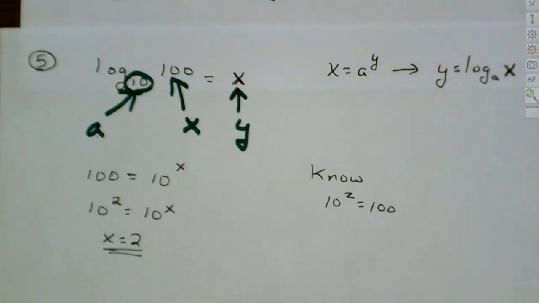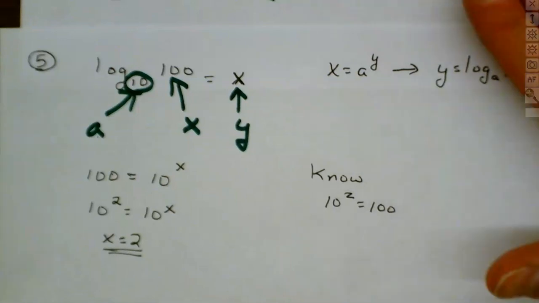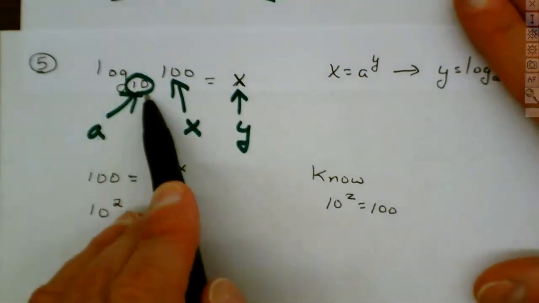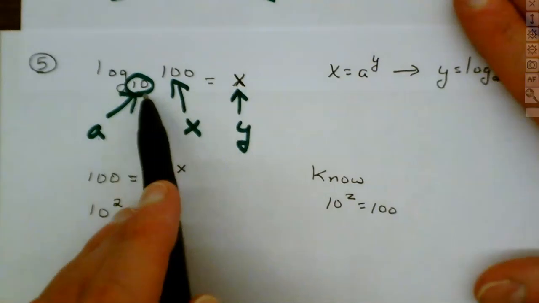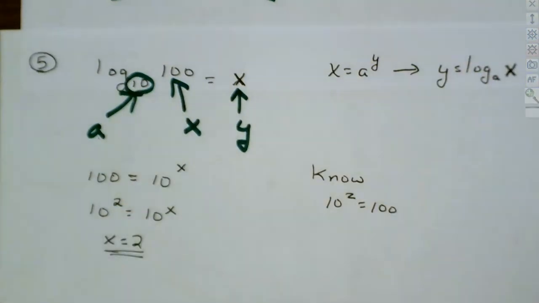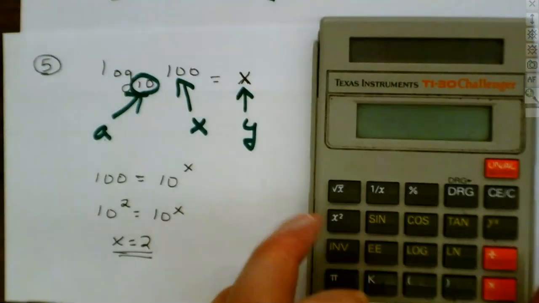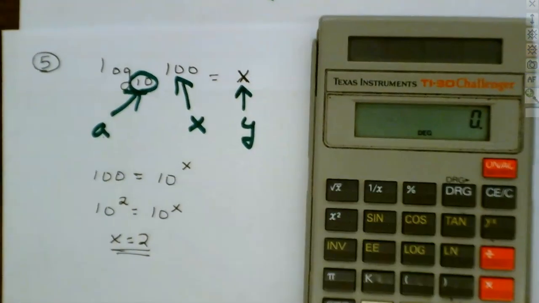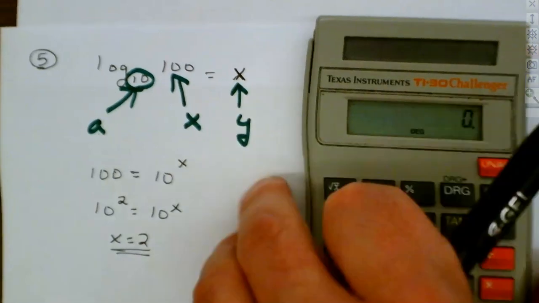Now, there is a much easier way to do this. I'm going to show you how to use your calculator. This was log base 10. If it's log base 10, you can use the log key in your calculator. But this only works for log base 10. Most of you have this style of calculator.